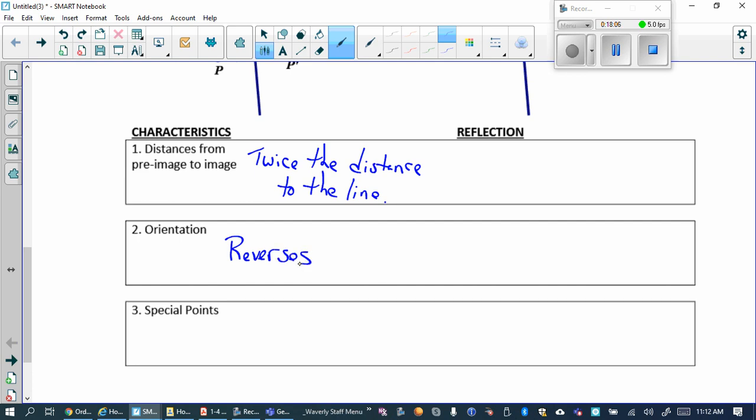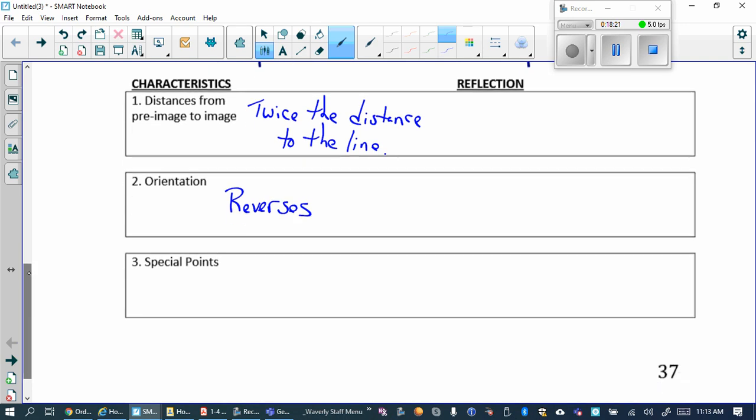And special points, like points that are on the line. What happens to them? If a point is on the reflection line, it maps where? Onto itself. Even more than just the same area, it maps directly onto itself.